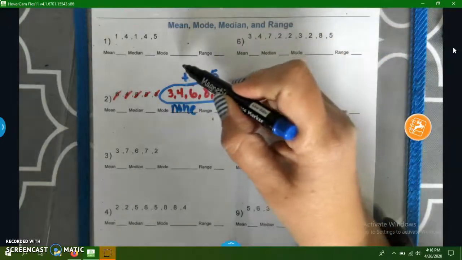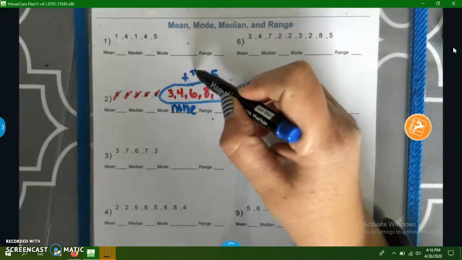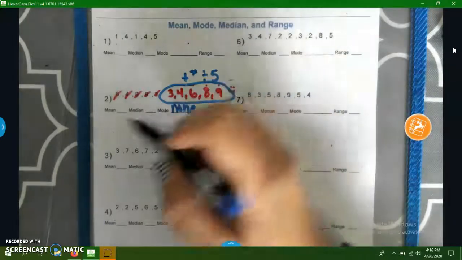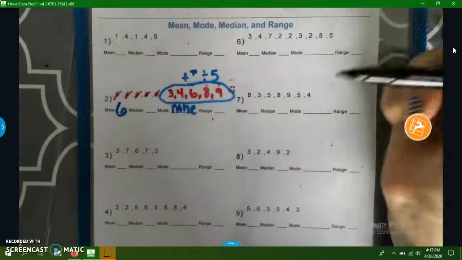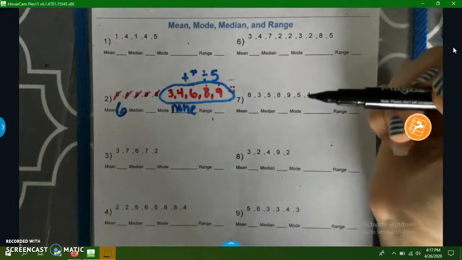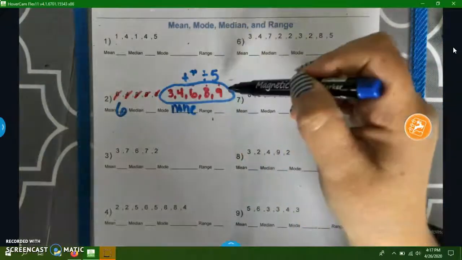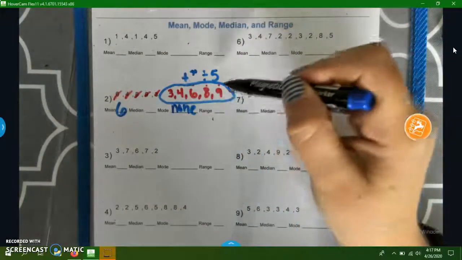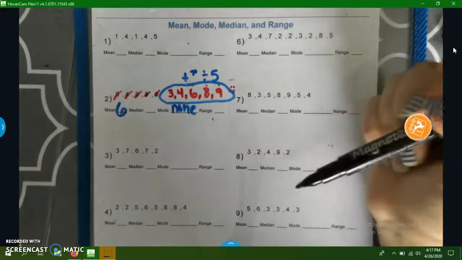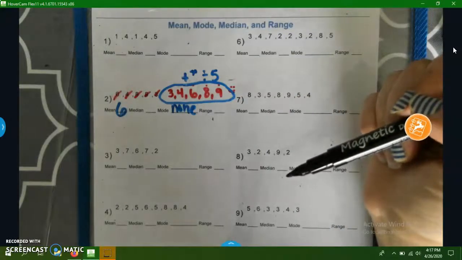That's why you're going to use a calculator. I add all that up and get 30, then divide by 5, and that gives me a mean of 6, or a fair share, meaning instead of this being only 3 and this being 9, I put them all together and make 5 equal piles. That will give me my mean, or my average, or my fair share.